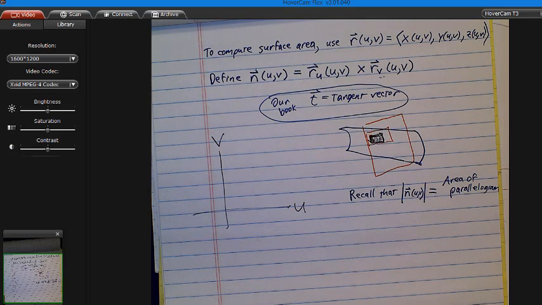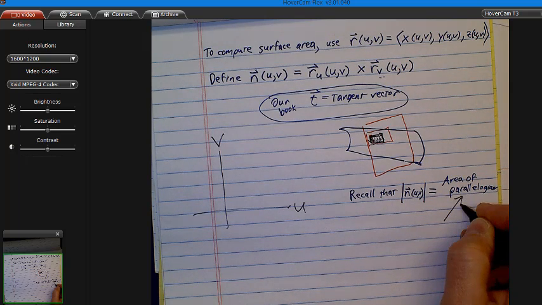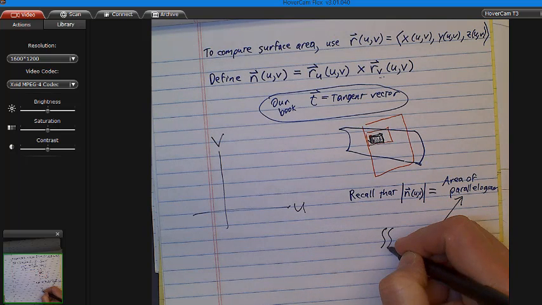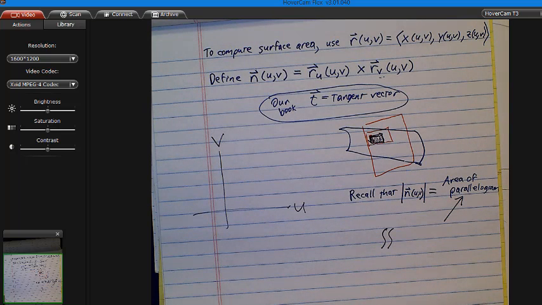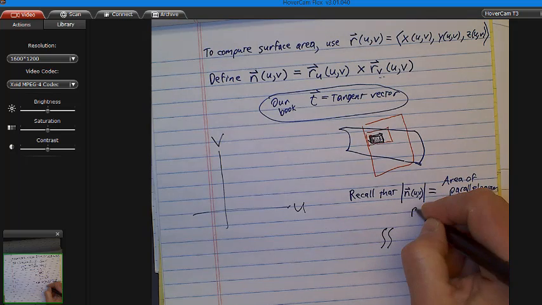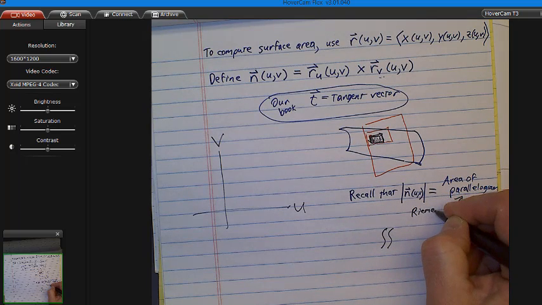So the area of the parallelogram, okay, it's the double integral, well, in general. Let's just say, how do I do this? Riemann sum idea.